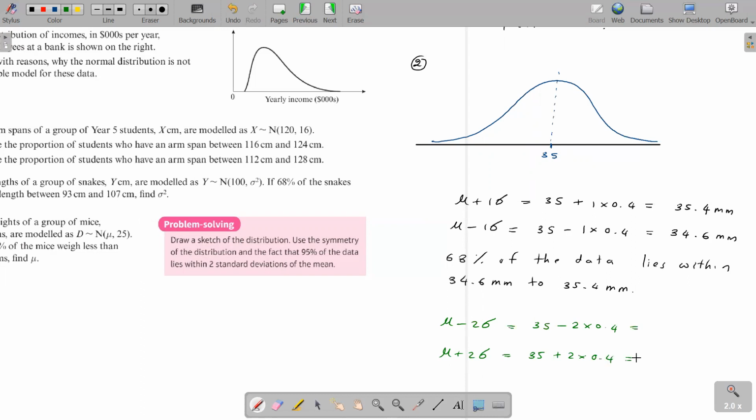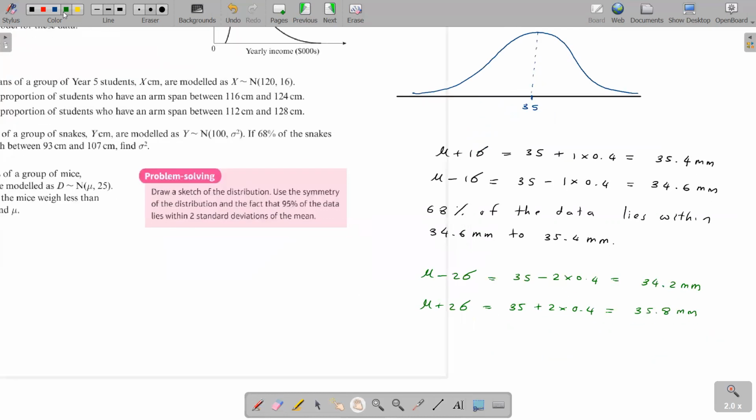How much is it? 35.8 millimeters. No, mu minus 2 sigma, right? This is 35.8 millimeters. And the other is 34.2 millimeters.